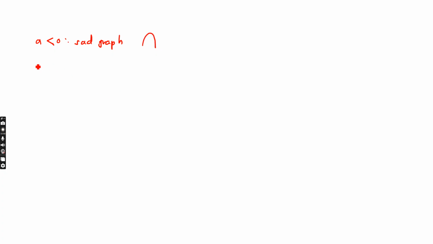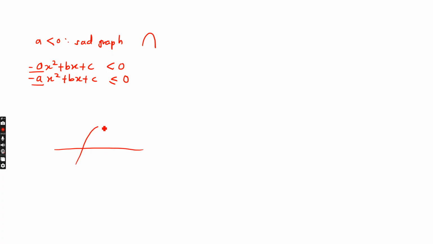So if you have a quadratic inequality, negative ax square plus bx plus c less than 0, or less than or equal to 0, we know that it is already a sad graph based on the value of a, because a is negative. So you draw a straight line like this, and draw a sad graph, just a sketch, okay?